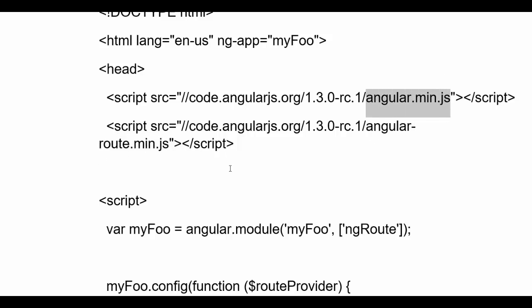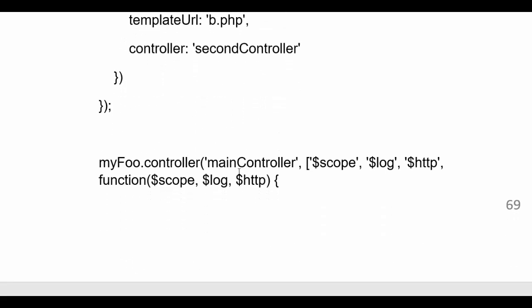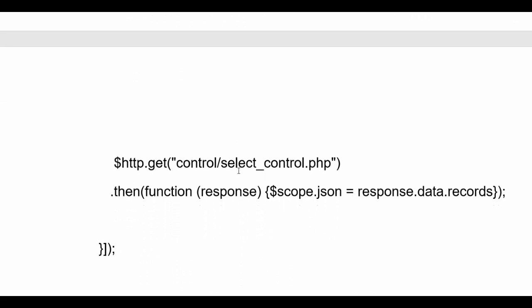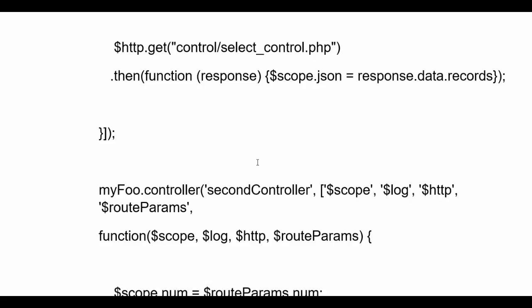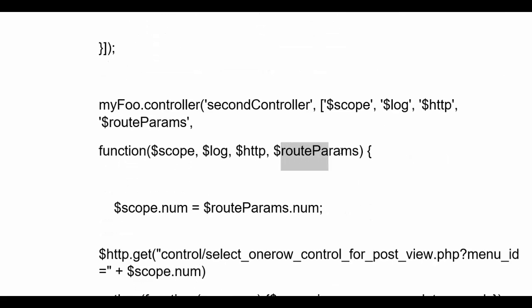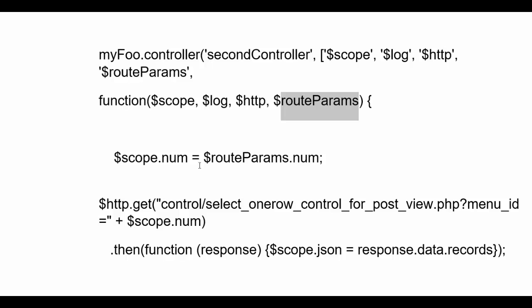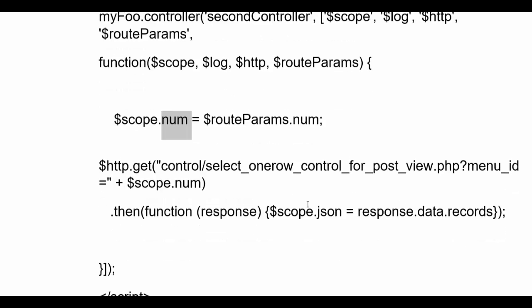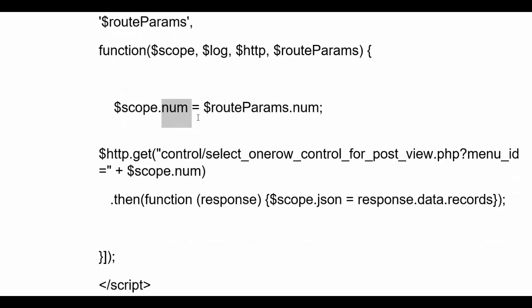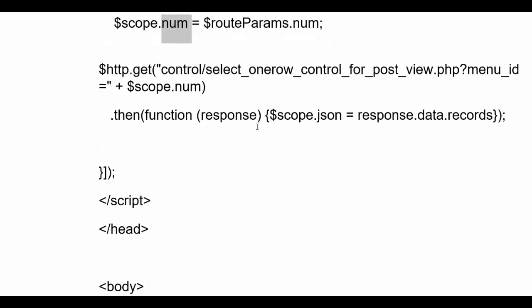We need a root, because we have this argument here in this function, route params. We need it because of the acquisition of this number, and it is the number for variable menu ID.